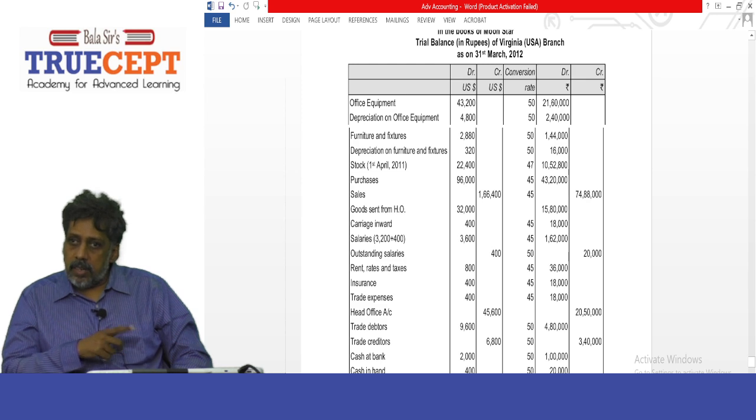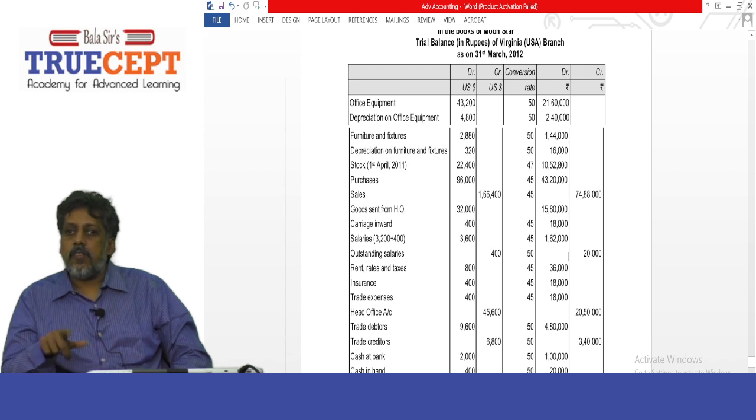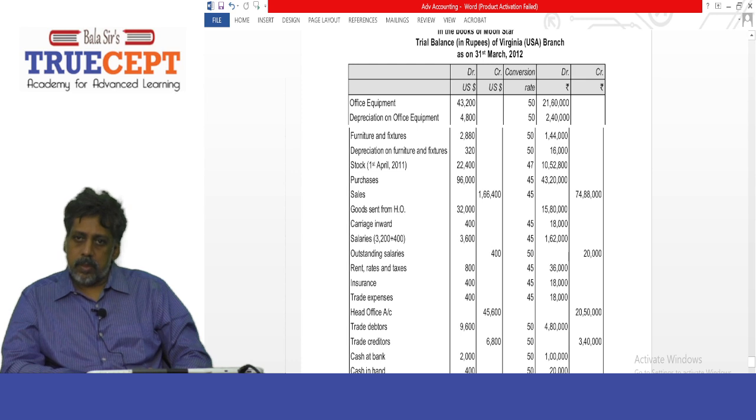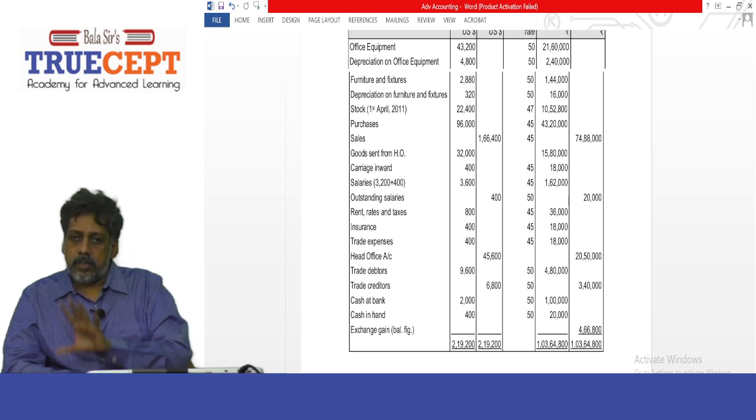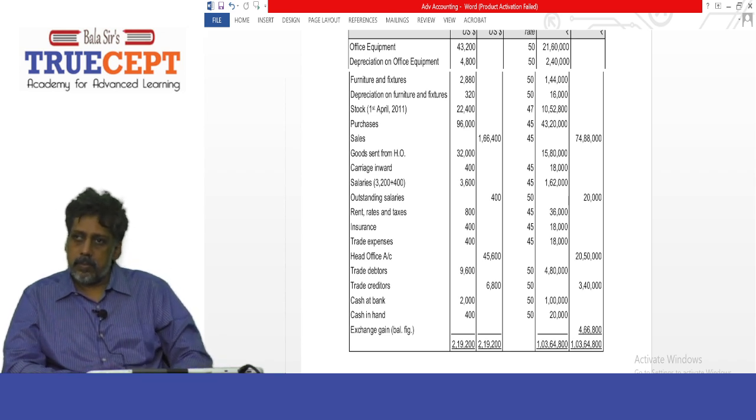Whereas salary outstanding is a liability. Use a closing rate of exchange. Outstanding salaries 400 credit, 50 rupees conversion rate, 20,000 credit. Next. Then rents, rates and taxes $800, 45 rupees, 36,000 rupees, being an expense, average rate. Next. Insurance 400, 45 and 18,000 rupees. Trade expenses 400, 45 and 18,000 rupees.